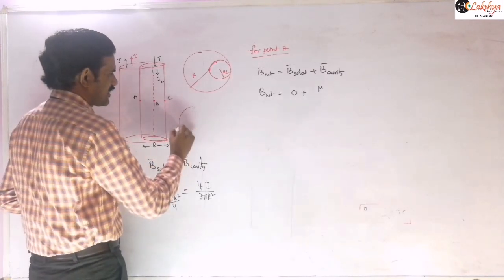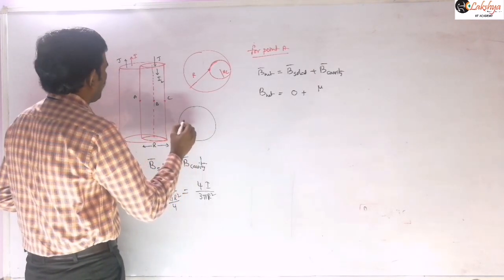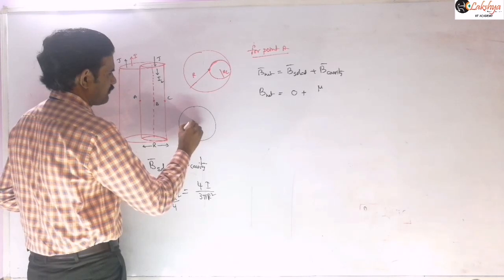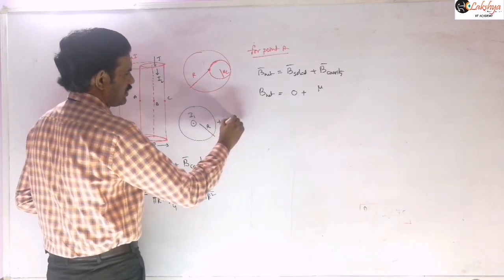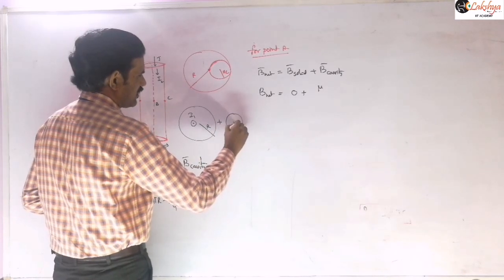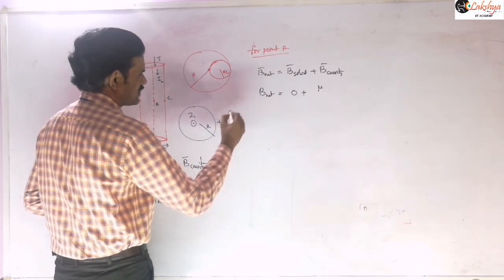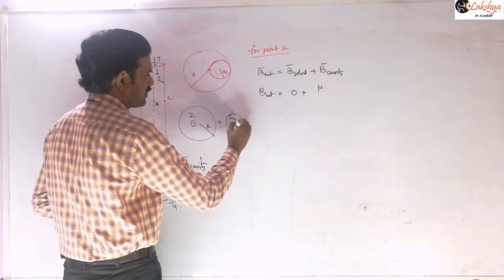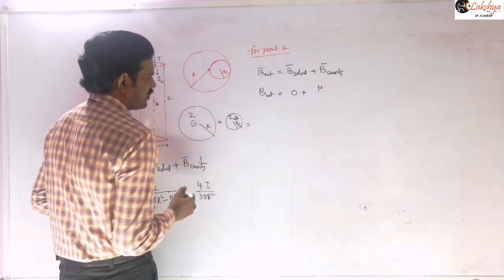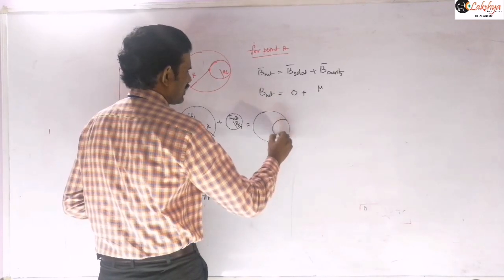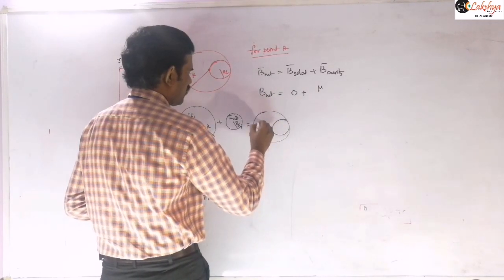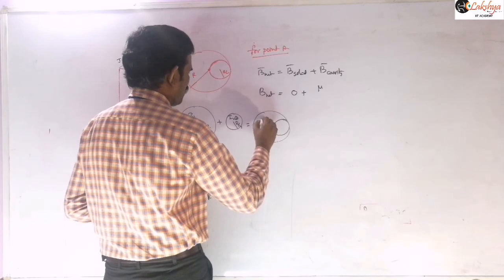Consider I1 as the current flowing in the complete solid cylinder of radius r, plus a cylinder of radius r by 2 with current I2. If you combine them, this is in the opposite direction, so you will get this cylinder with the cavity. That is again our assumption, and we get the current I out of the plane.